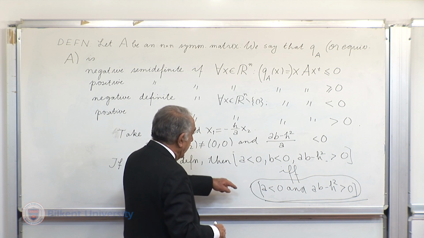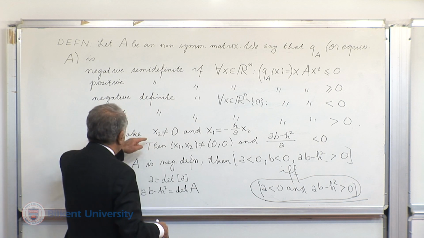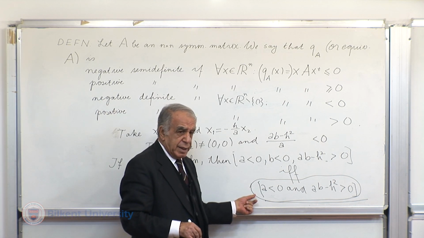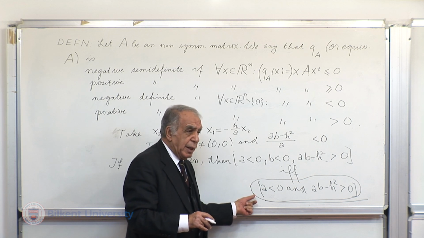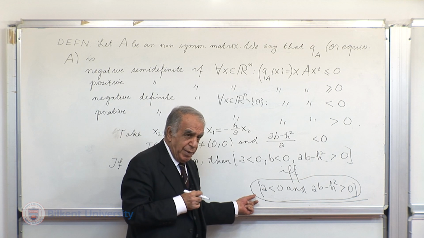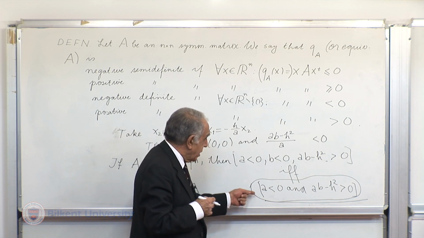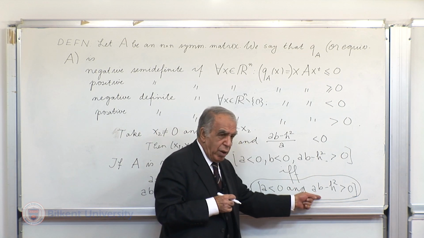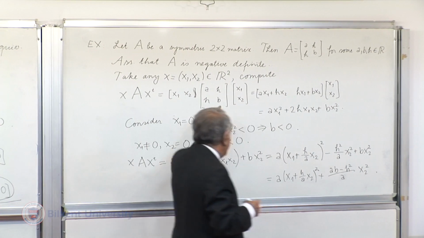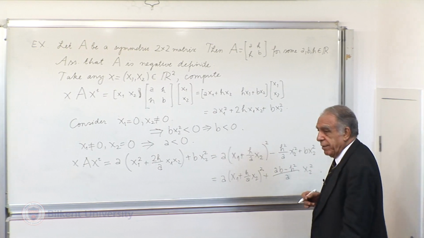But this part was, if A is negative definite, then we have this. Without writing, let us check whether the converse is also true. Let us assume that this holds. Will this imply that this matrix is negative definite?